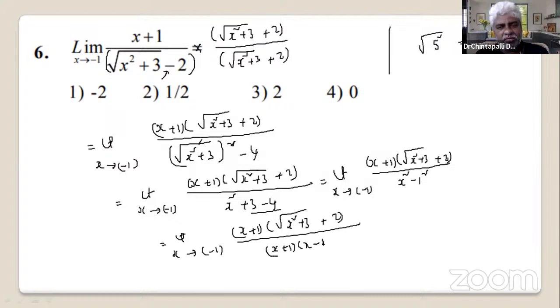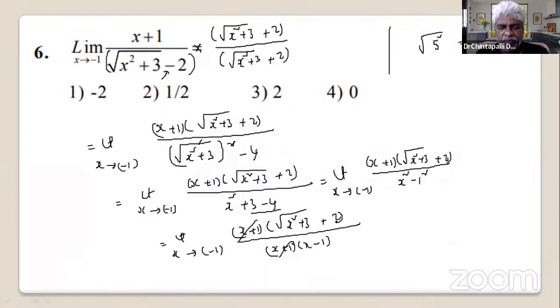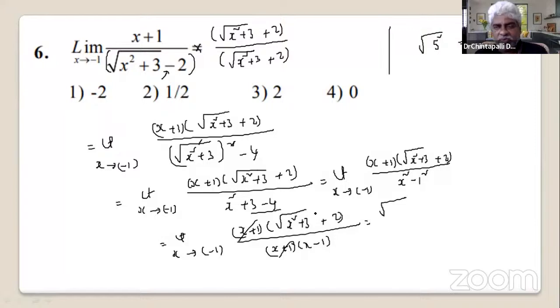Very good. What happens now? x plus 1 and x plus 1 get cancelled. Very good. Now we can put -1, that means square root of (-1) whole square is positive 1 only.